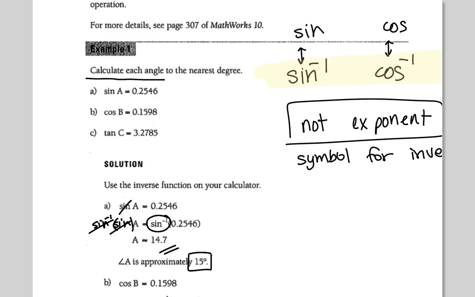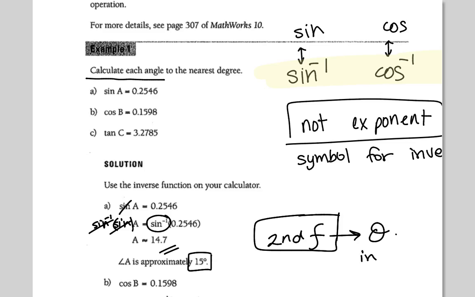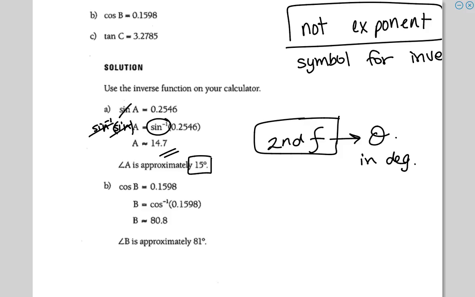So when you use the second function on your calculator, it will give you the angle, call it theta, in degrees. Okay. And here, if they use cos, notice they use second function cos, and then they round.